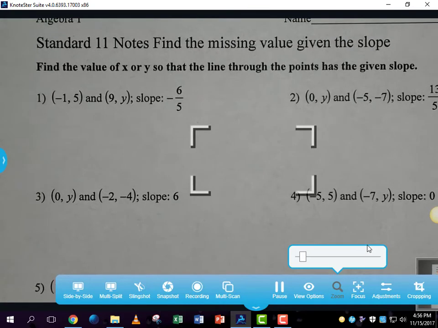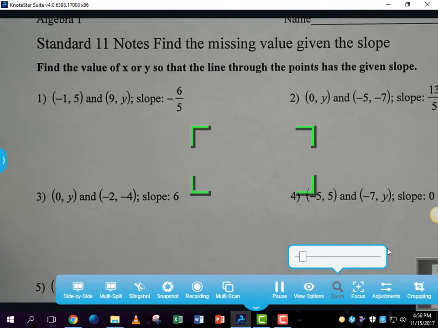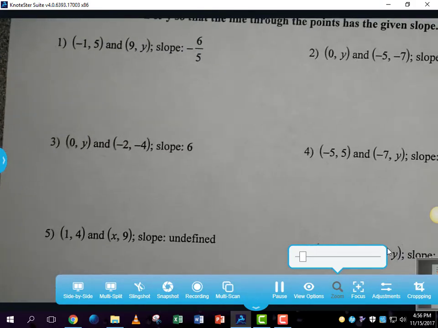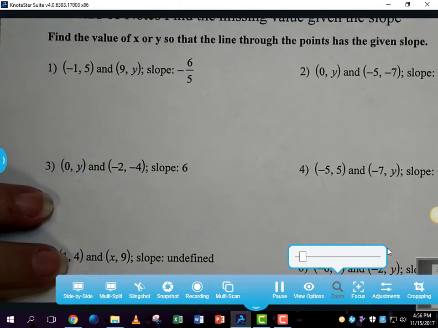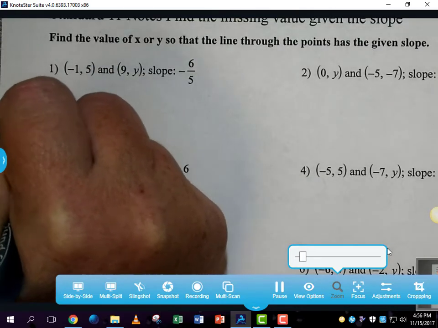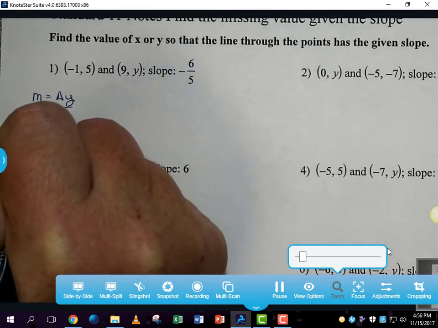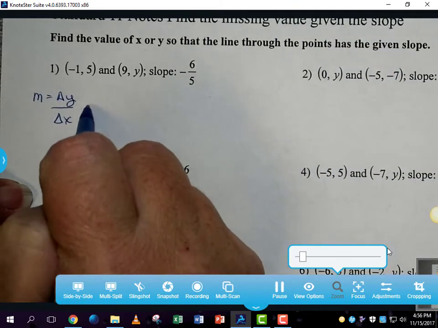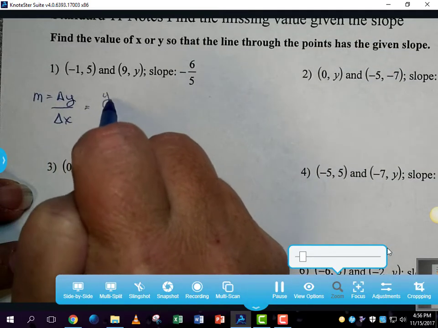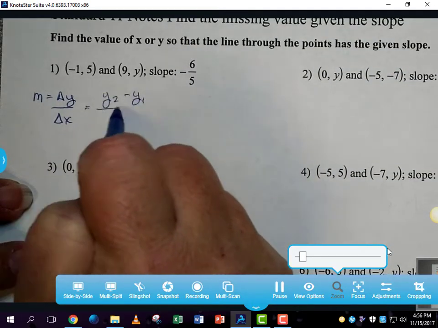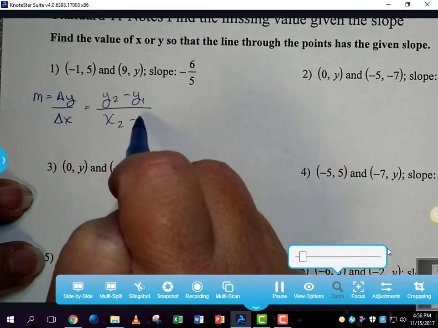So we already know that to find the slope, the slope is the change in y over the change in x, right? Which means it is y sub 2 minus y sub 1 divided by x sub 2 minus x sub 1.